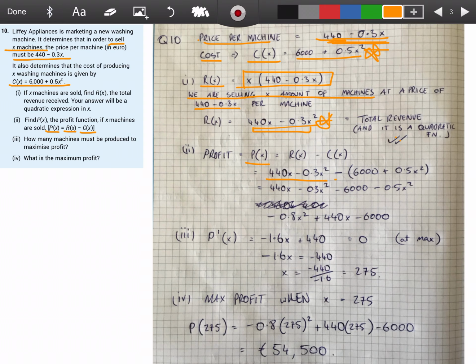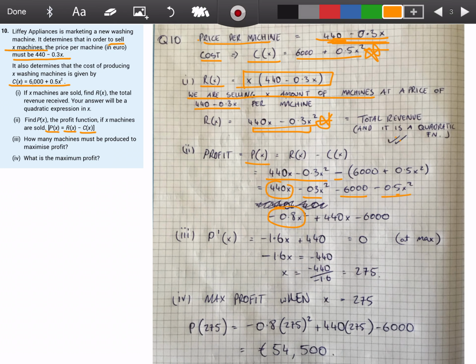Now you can see I've got minus and a set of brackets around that, because the minus is going to affect that and that. All right, and you can see that underneath we've got minus 6,000 now, and we've got minus 0.5x squared. I'll put together the terms that I can. X squareds with x squareds gives me this.